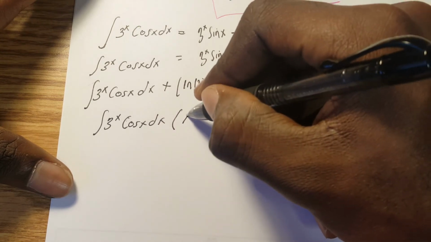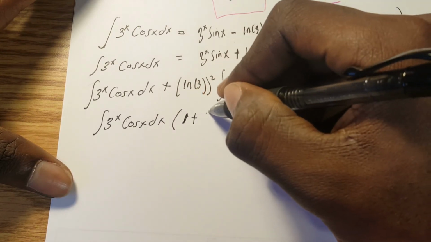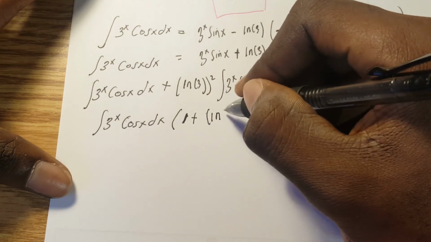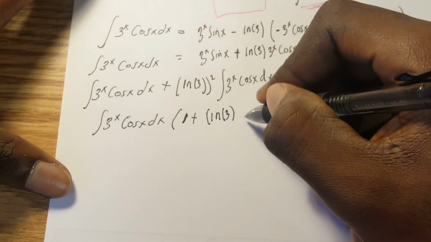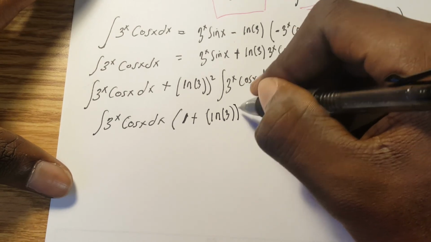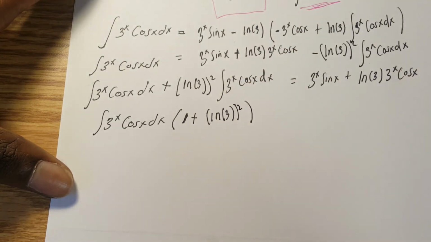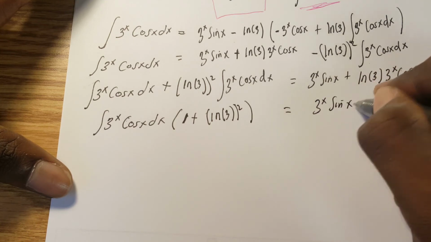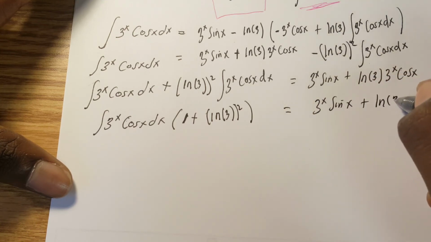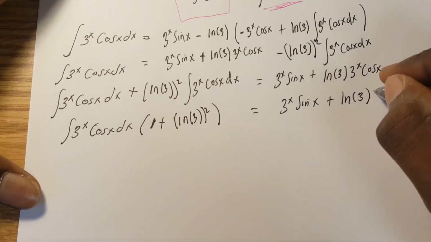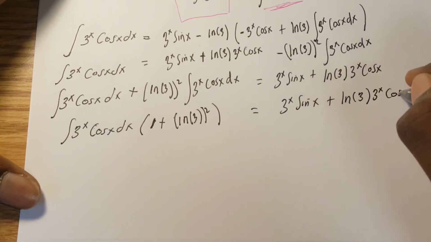Gonna have 1 plus natural log of 3 all squared to be equal to 3^x sine of x plus natural log of 3^x cosine of x.